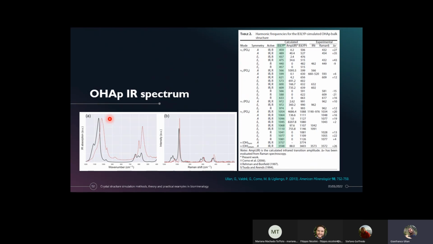There is a quite nice comparison between the experimental modes and the theoretical model, and we can see the power of the simulation here is that we can assign specifically each signal to a specific vibrational mode.